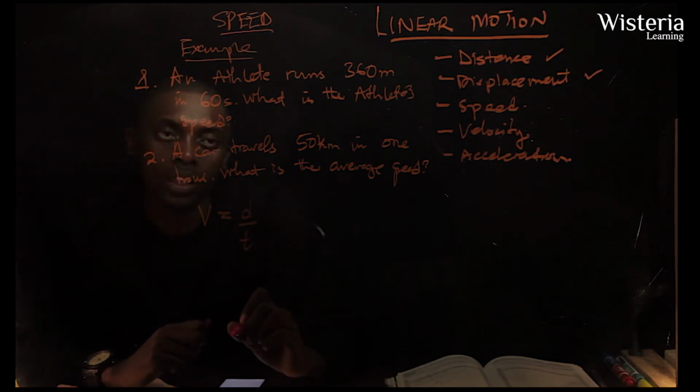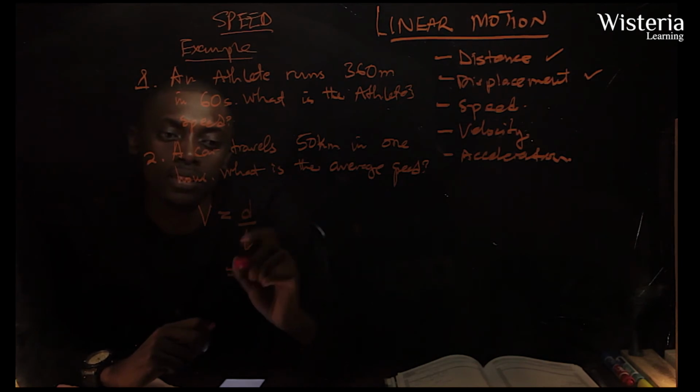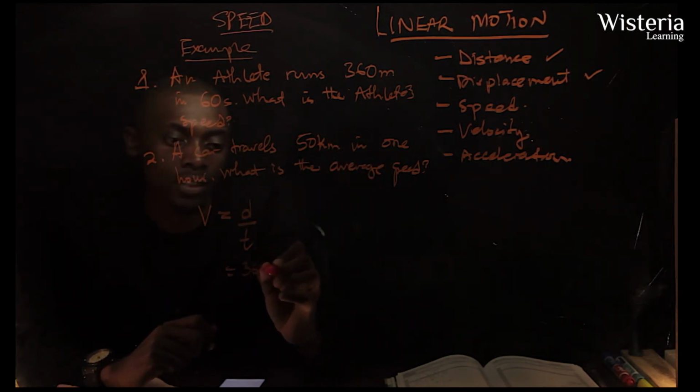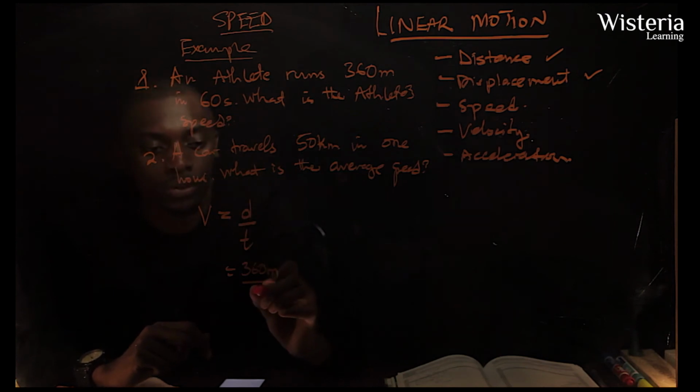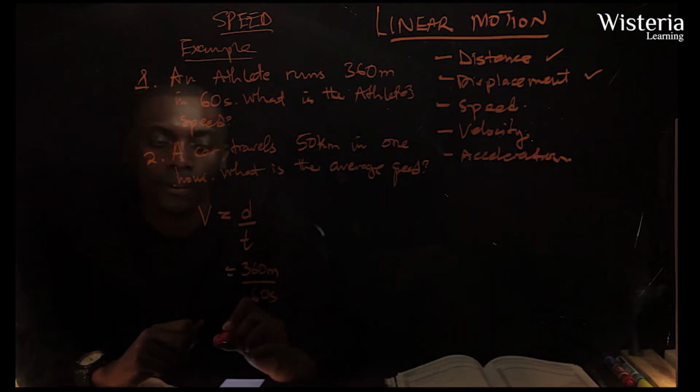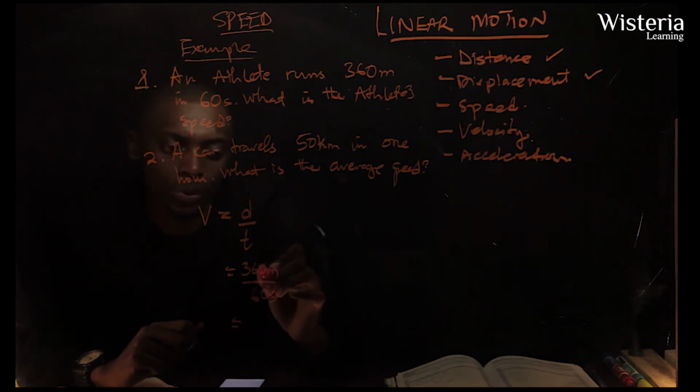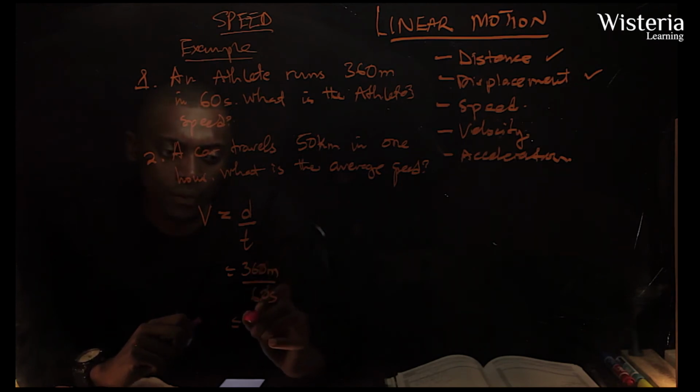So in this case, the distance covered by the athlete is 360 meters. And the total time to cover this distance is given as 60 seconds. Therefore, if you do your arithmetic, you find that it gives us 6 meters per second.